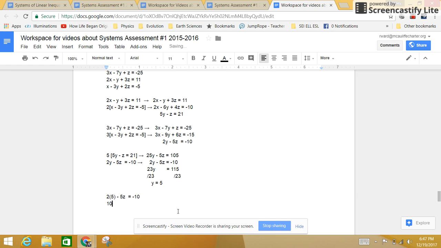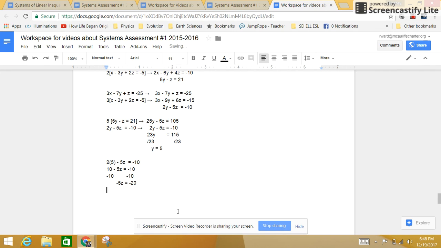So I've got 10 minus 5z equals negative 10. I'm going to subtract 10 from both sides. I get negative 5z equals negative 20. I'm going to divide by negative 5 on both sides. And z will equal 4 because negative 20 divided by negative 5 is 4.